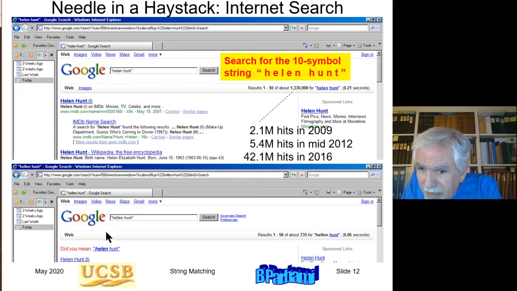But interestingly, Google asked me, did you mean Helen Hunt? So it's suspected from the small number of hits that something is amiss here, and this is not what I really wanted to search for. And it uses information about the most common types of errors.